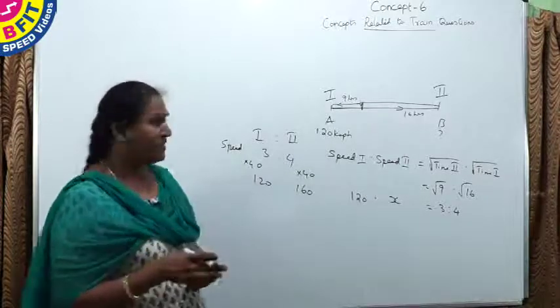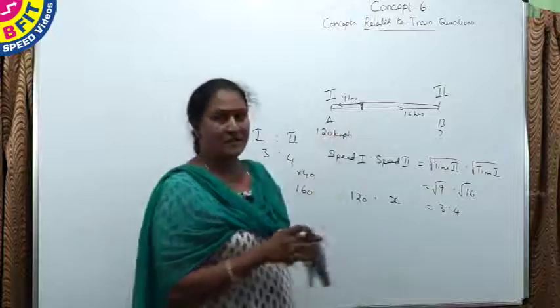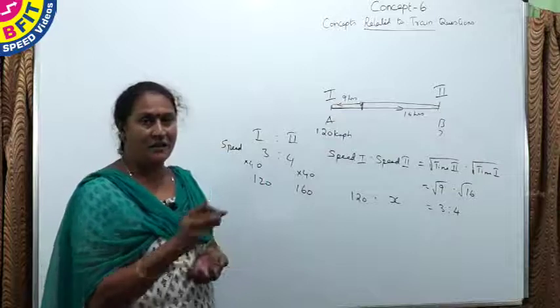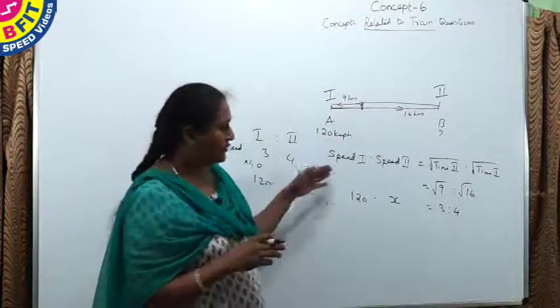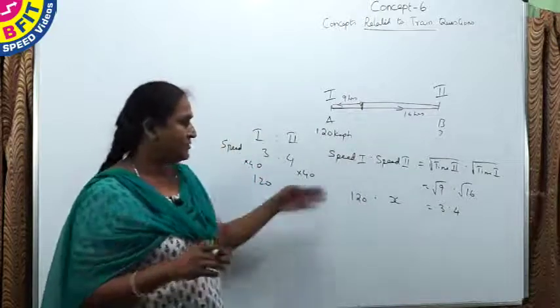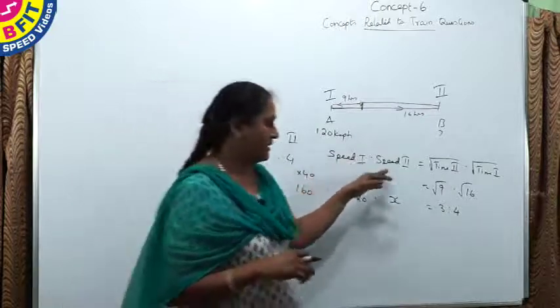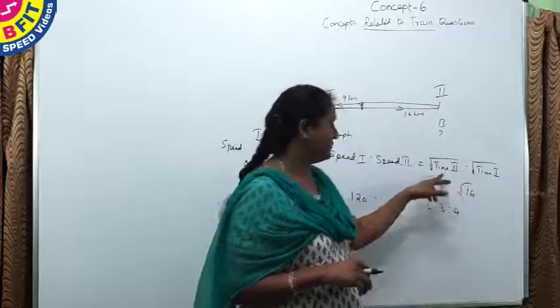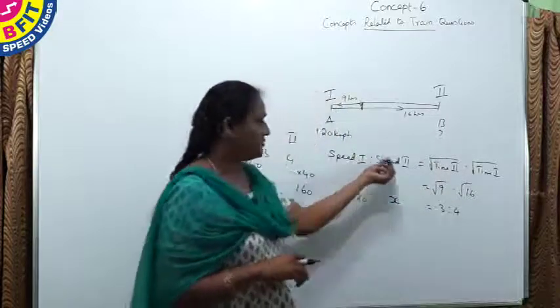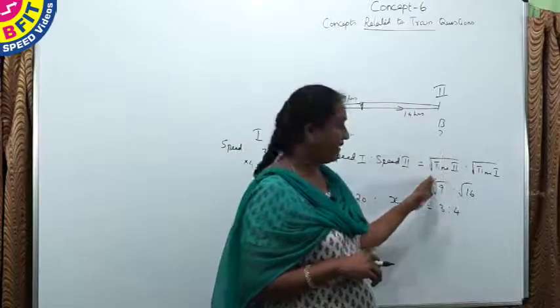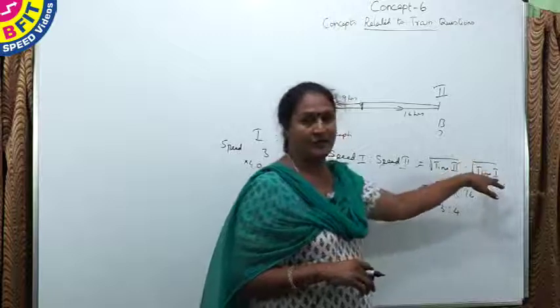Now, whenever the time after crossing each other is given, the calculations will be lengthy and the working complicated. So simply you can use this ratio, with which you can quickly arrive at the answer. The speeds of two trains will be in the ratio of the roots of the times taken by the other trains. So the speed of the first train is to the speed of the second train equal to root of the time taken by the second train to root of the time taken by the first train.